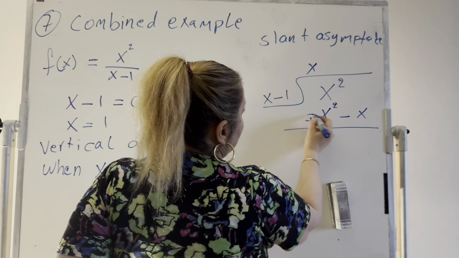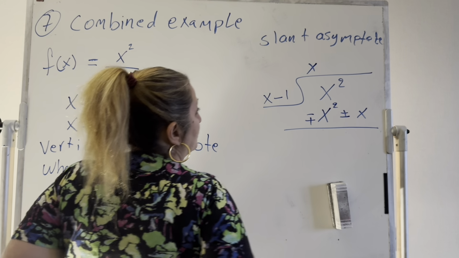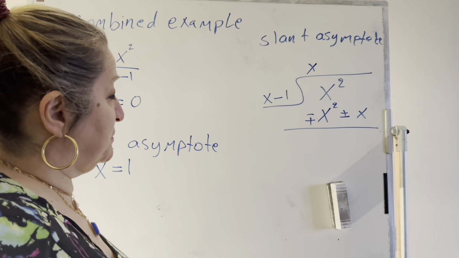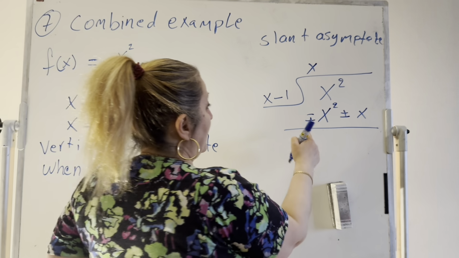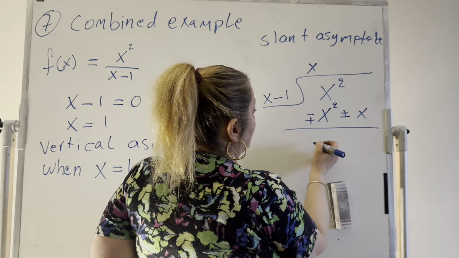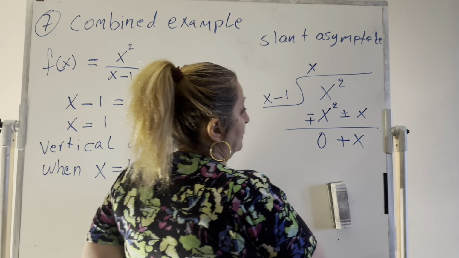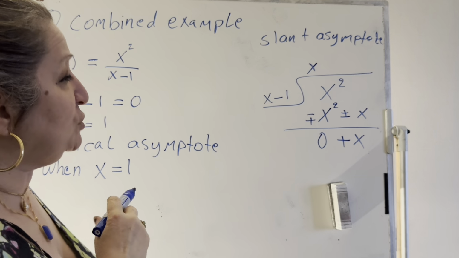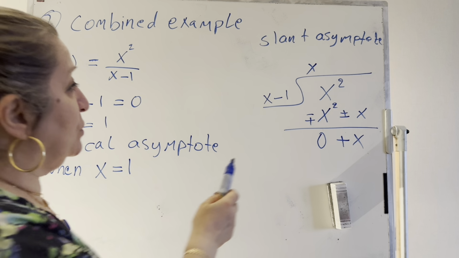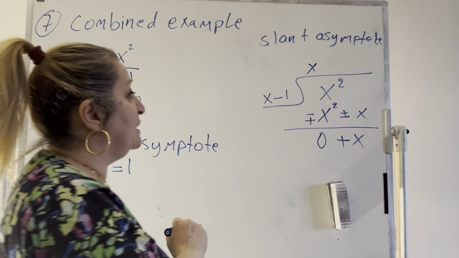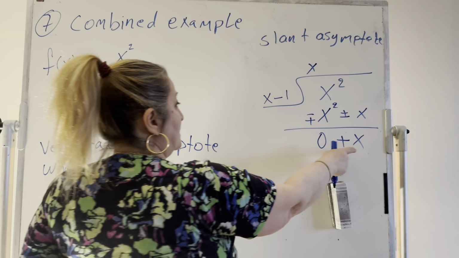I will change the sign because I will do a subtraction. x squared minus x squared equals 0, and I have plus x, and I can continue division because x here and x here have the same degree. How many x is there in this x?